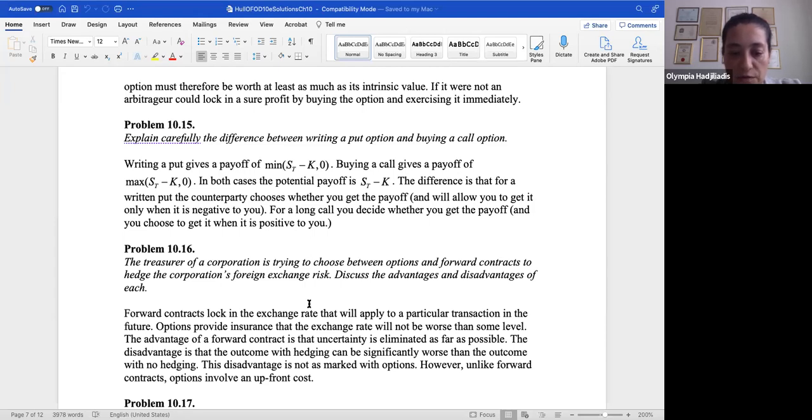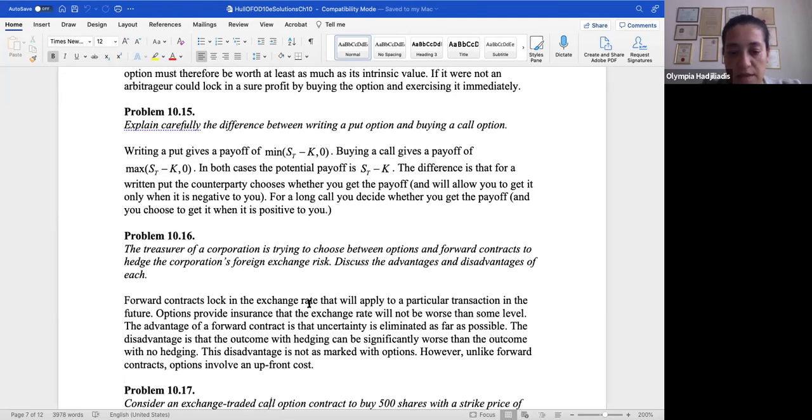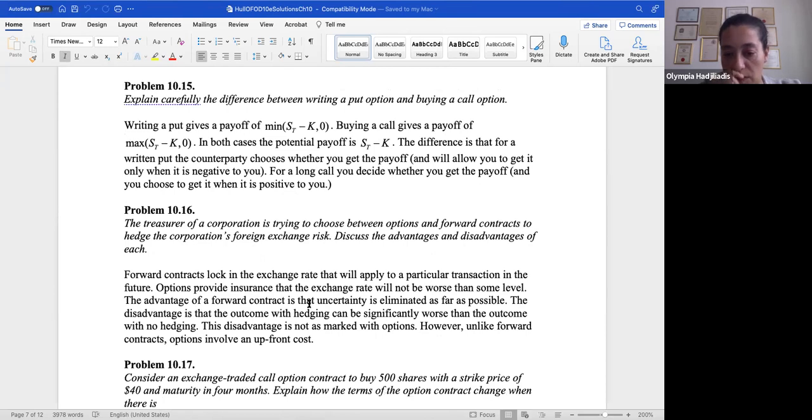The advantage of a forward contract is that uncertainty is eliminated as far as possible. The disadvantage is that the outcome with hedging can be significantly worse than the outcome with no hedging. This disadvantage is not as marked with options. However, unlike forward contracts, options involve an upfront cost.